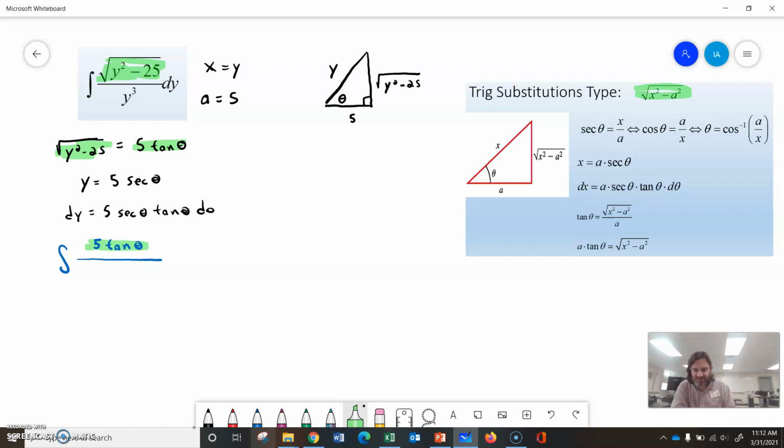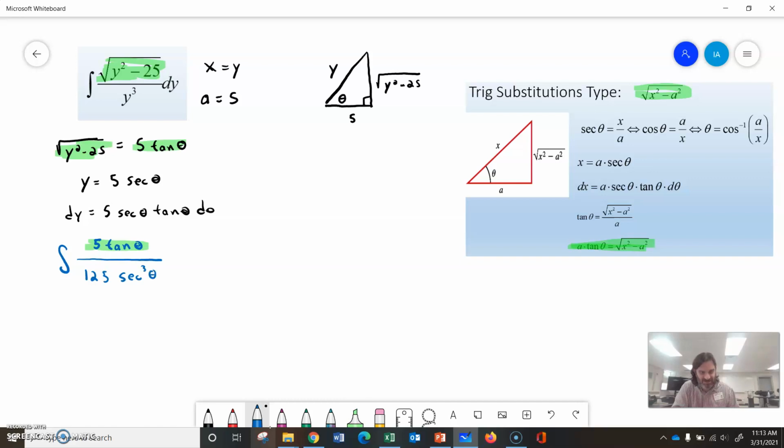There's where all the substitutions are coming from. The next thing we will have will be the y cubed on the bottom. Y is 5 secant, so that's going to be 5 secant quantity cubed. 5 cubed is 125, and secant cubed.